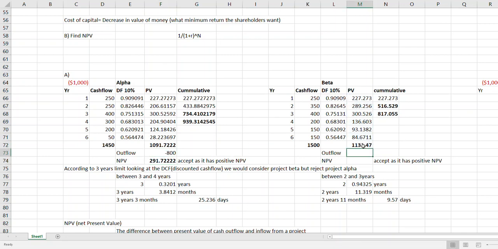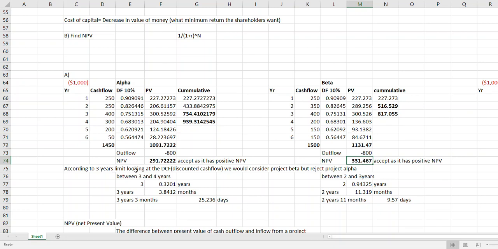If we look at this project, the NPV of this project is also positive, and it gives us payback period between 2 and 3 years. So both of these will mean that we will accept this project.